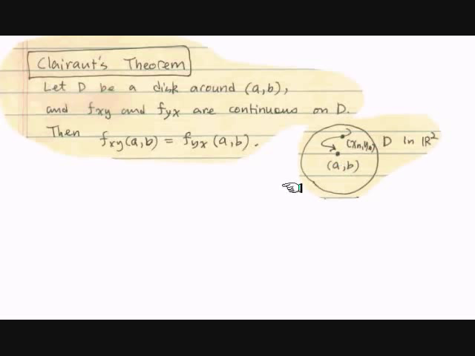So the continuity of fx, the first-order partial, and the continuity of fy, the first-order partial, is guaranteed by the differentiability of these second-order partials everywhere, and being continuous definitely guarantees it. So that's how this continuity is used throughout this part.